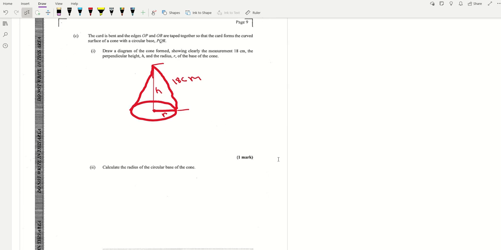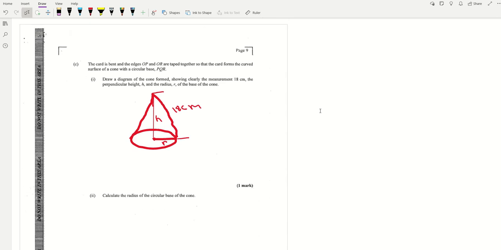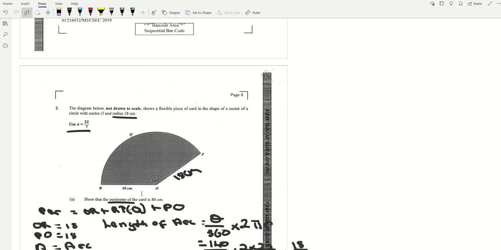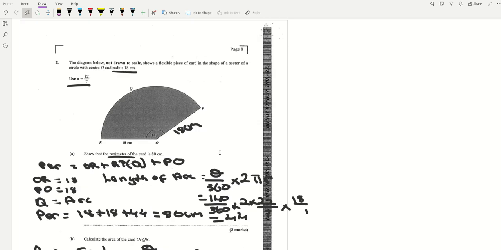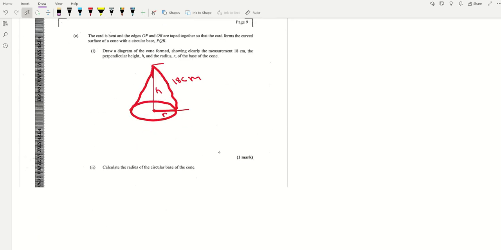They said calculate the radius of the circular base of the cone. So what you need to recognize is that this entire length forms your circle, so let's mark that out. The circle part is Q, and Q was equal to 44. Now they're asking about the circular base and the radius.